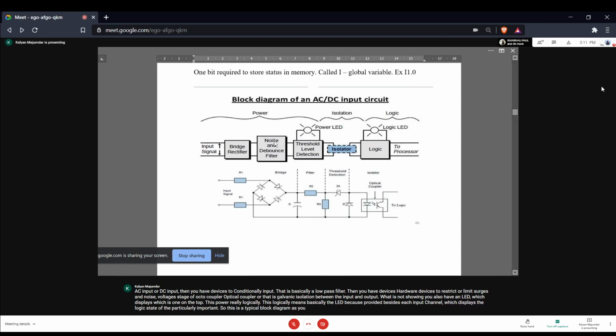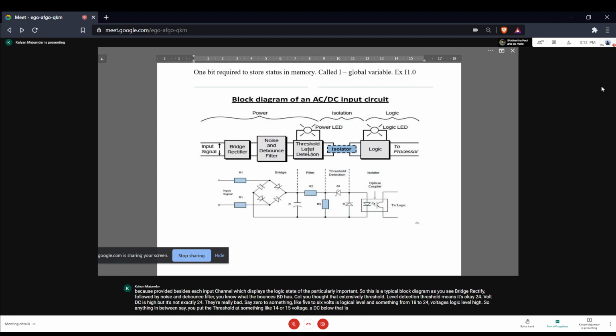As you see, bridge rectifier followed by noise and debounce filter. You know what debounce is. BD has taught that extensively. Then threshold level detection. Threshold means, okay, 24 volt DC is high, but it's not exactly 24. There will be a band, say 0 to something like 5 to 6 volts is logic level low, and something from 18 to 24 volts is logic level high. So anything in between, say you put the threshold at something like 14 or 15 volt DC.